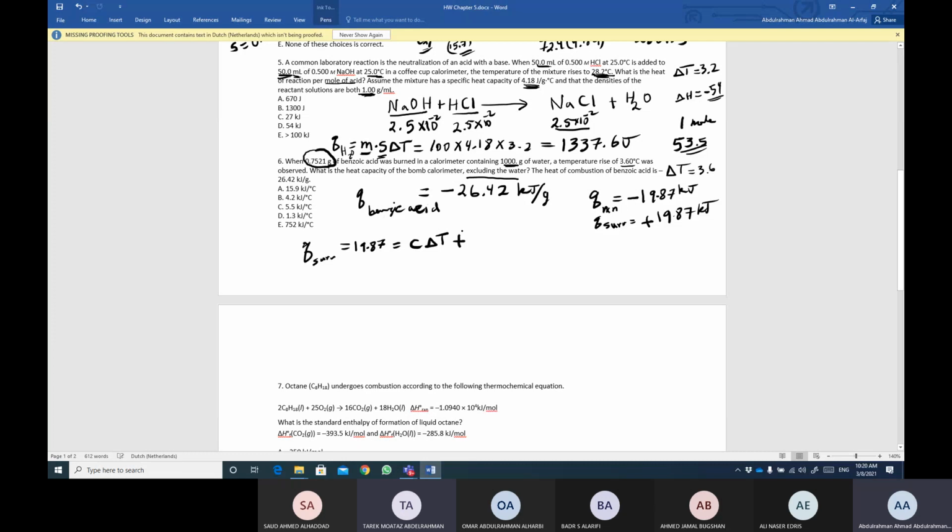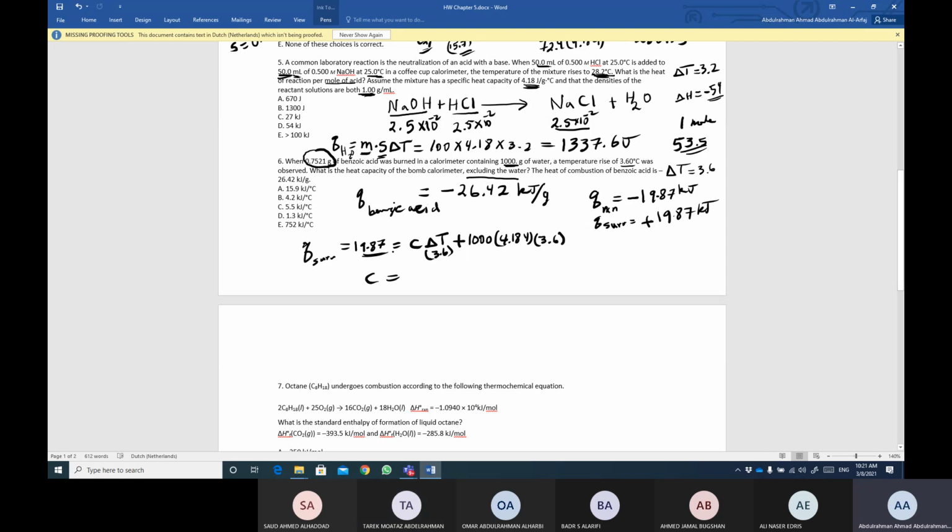MS delta T. 1000 times 4.18 times 3.6. So everything you have here, you know, except C. Calculate C. That's it. Don't forget to change this to joule instead of kilojoule.